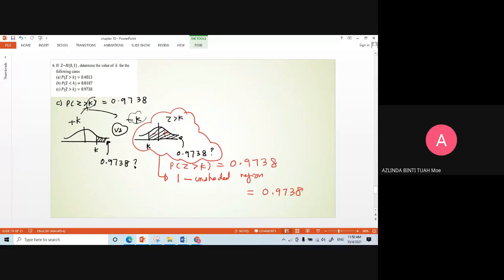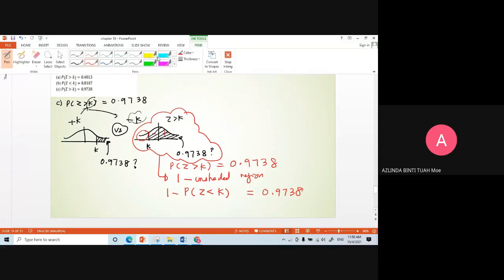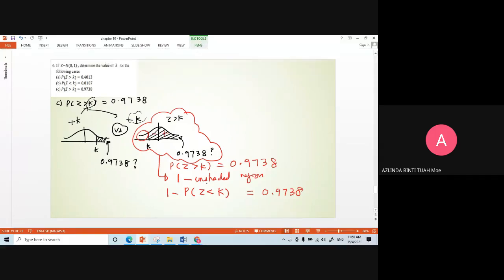Yang sebelah kiri ni kita kena buat 1 minus unshaded. So 1 minus P(Z less than K), buang yang unshaded. Okay. Yang mana K sekarang ni bernilai negatif.